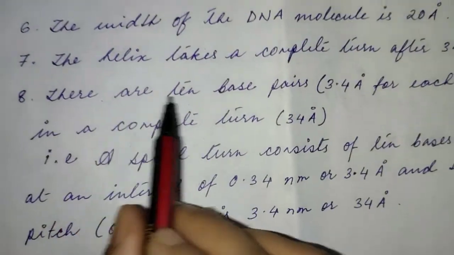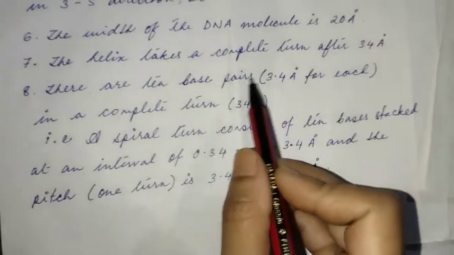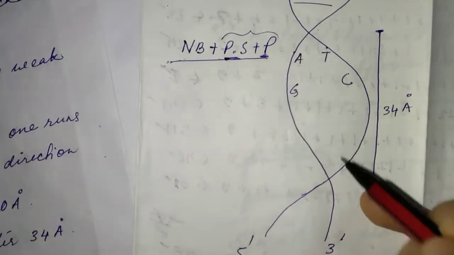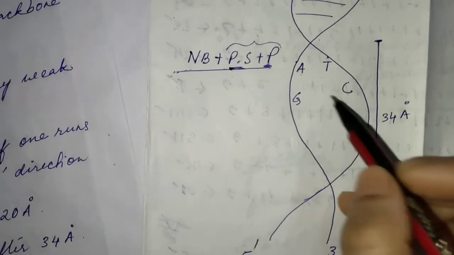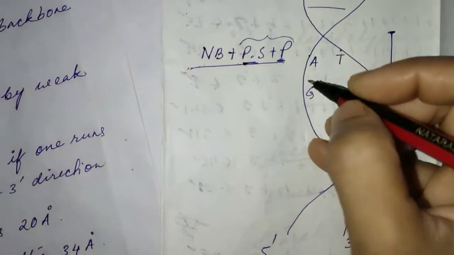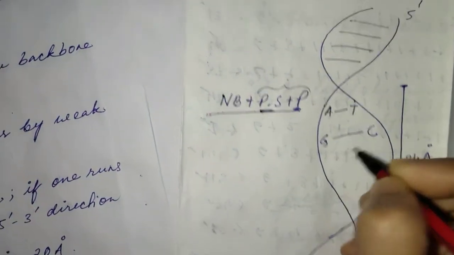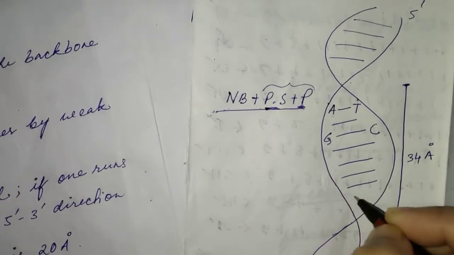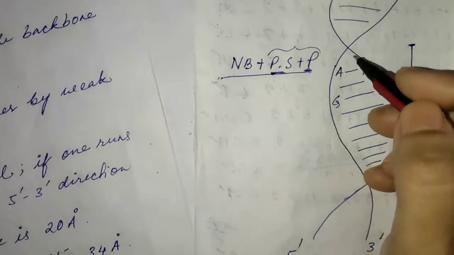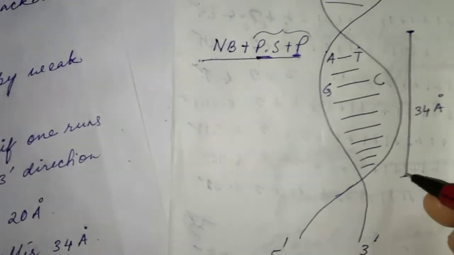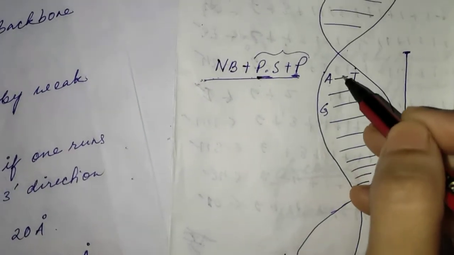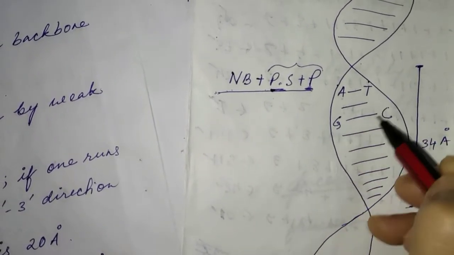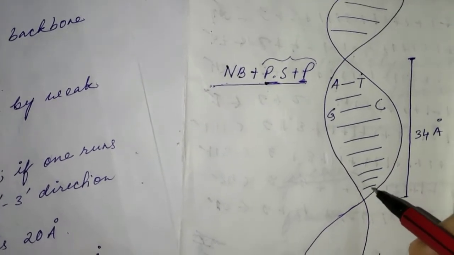There are 10 base pairs in a complete turn. So one complete turn consists of 10 base pairs like this: 1, 2, 3, 4, 5, 6, 7, 8, 9, 10. So one complete turn, its measurement is 34 angstrom and it consists of 10 base pairs. This is one pair, another, third, fourth, fifth, sixth, seventh, eighth, ninth, 10th.